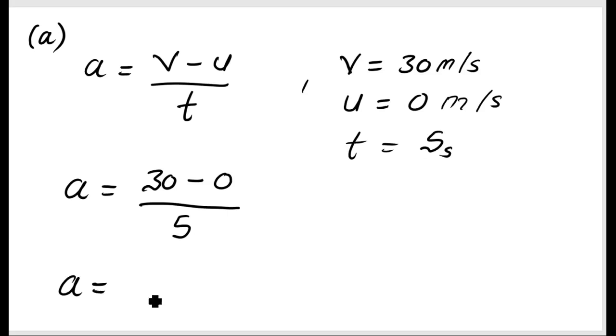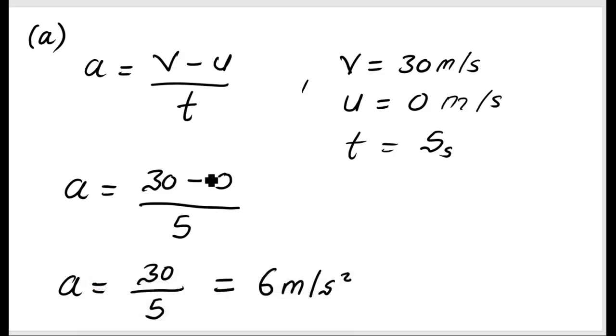So acceleration during the first 5 seconds is therefore going to be 30 minus 0 is 30 over time 5. 5 into 30 is going to give us 6. And the units for acceleration are meters per second squared.